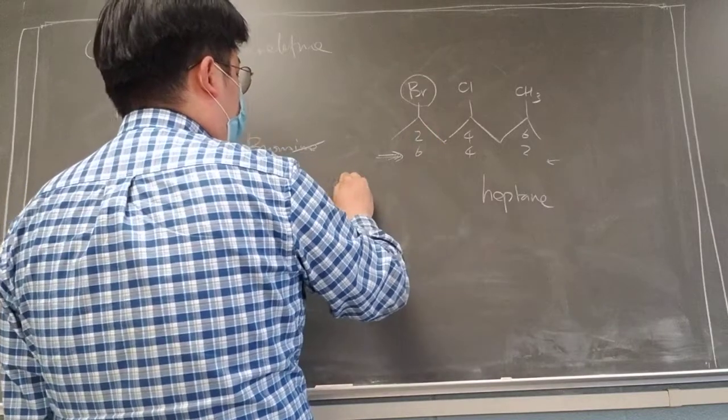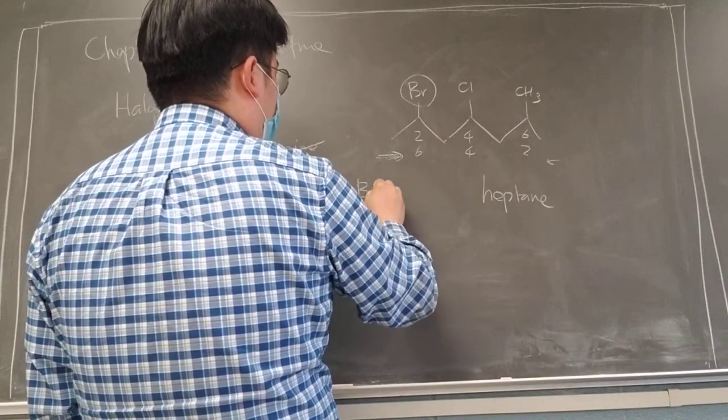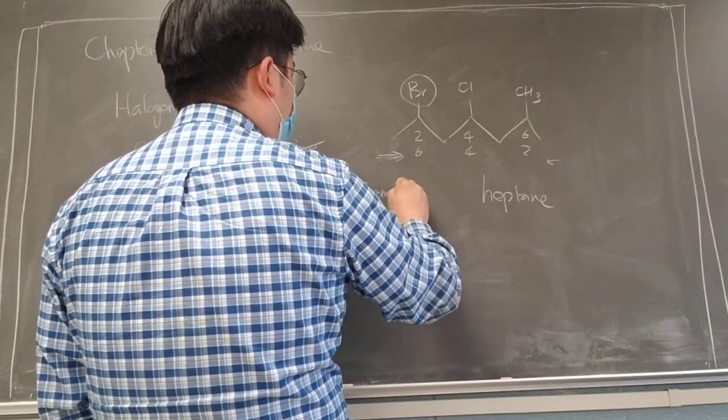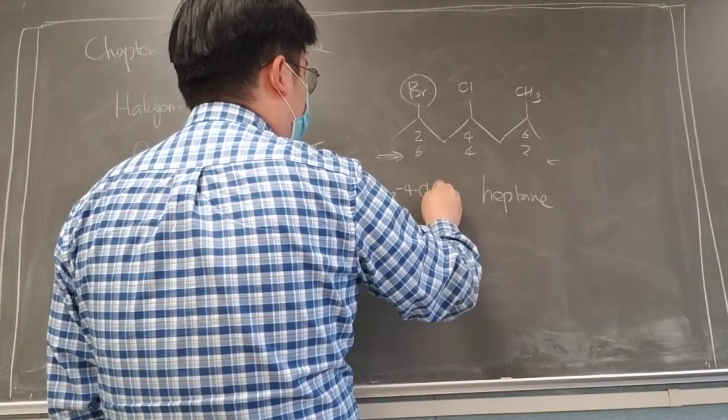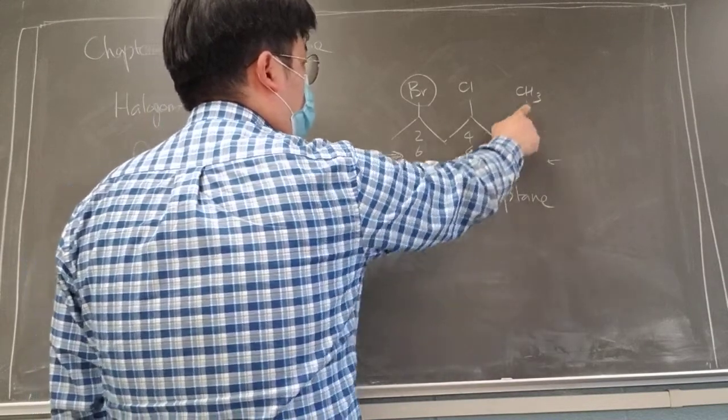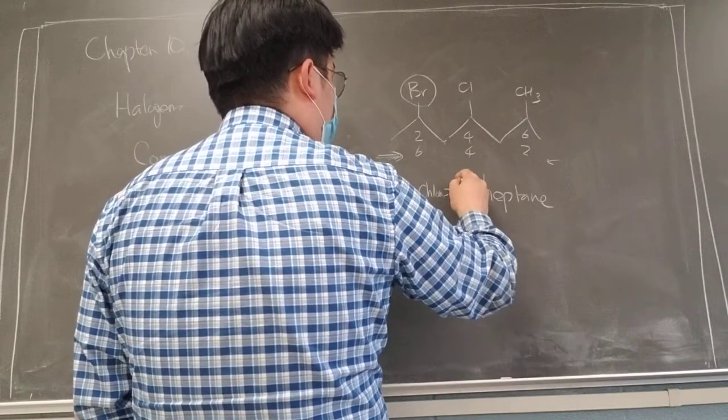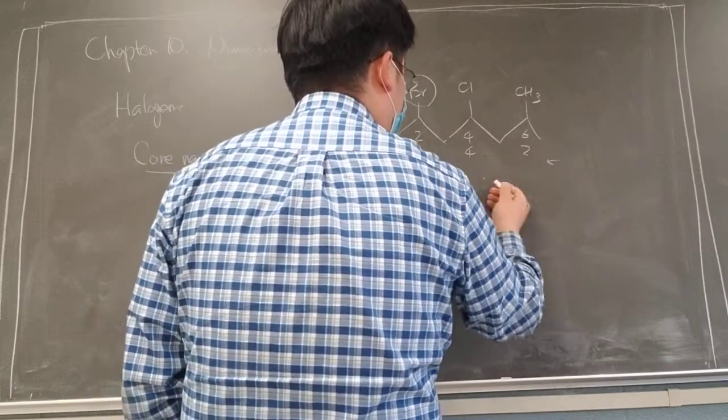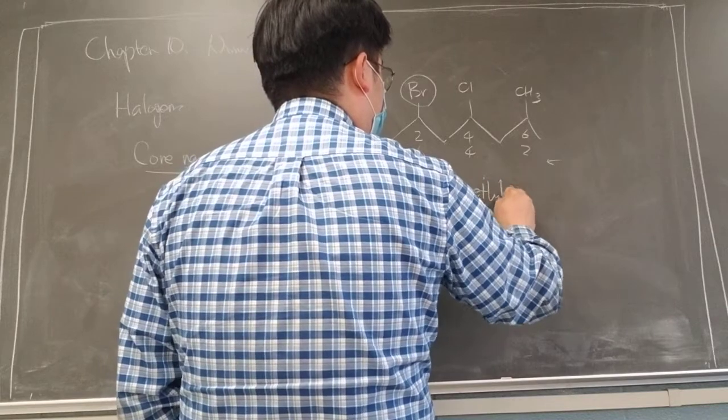So that will make 2-bromo, 4-chloro, because B and C, and then M, and there was a 6-methyl.